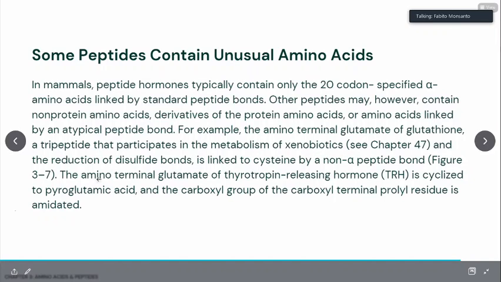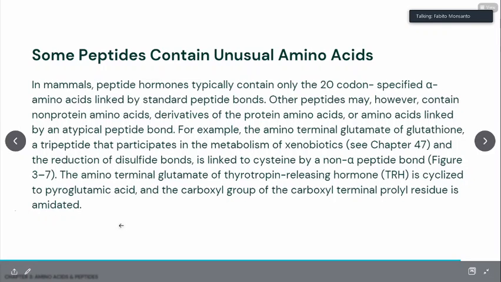The amino terminal glutamate of thyrotropin releasing hormone is cyclized to form what we call pyroglutamic acid. And the carboxyl group of the carboxyl terminal proline residue is amidated. So an amide is added to it.